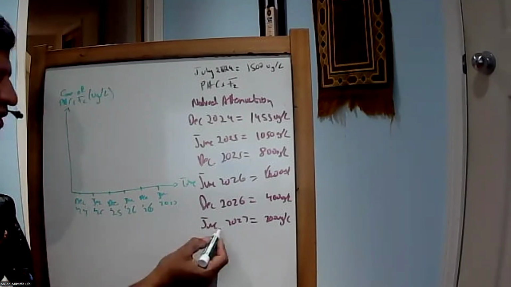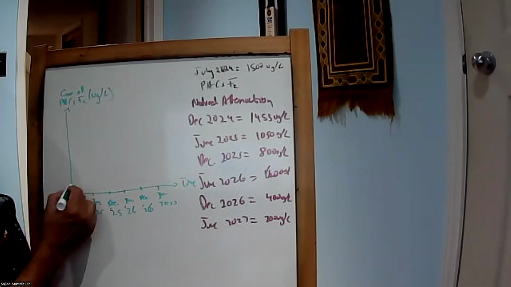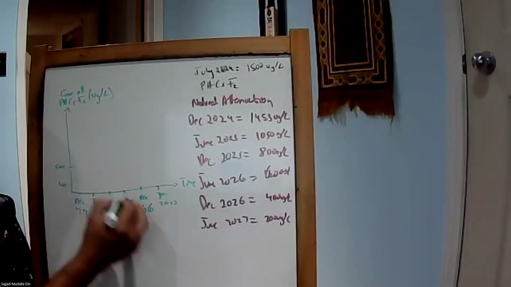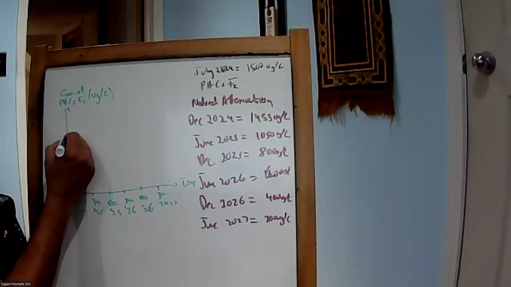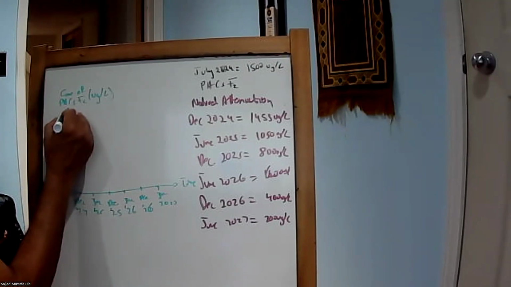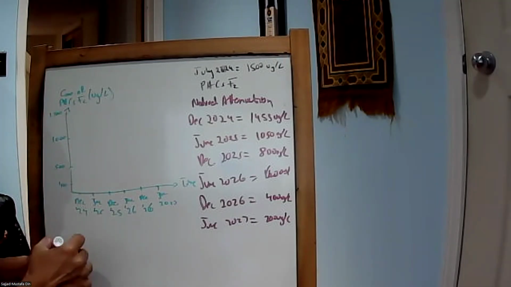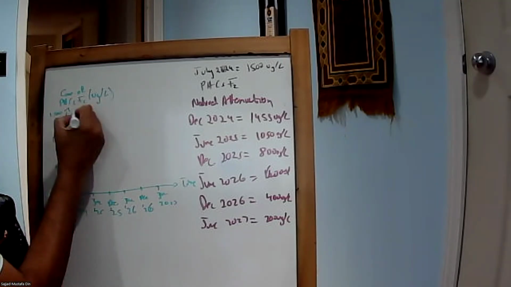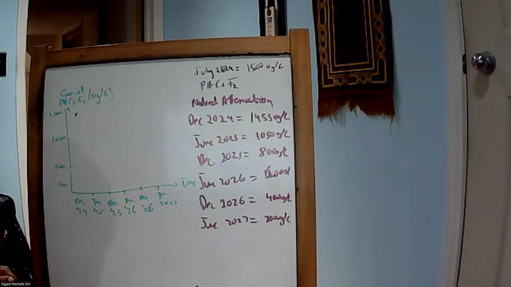So the lowest that you're getting is about 200. So maybe you'll start from 100, then you'll go, maybe this will be 500, 1,000, 1,500. So plot December 2024, it was almost 1,400.